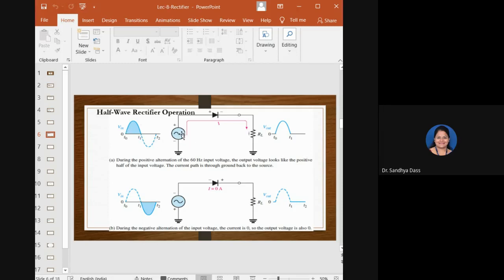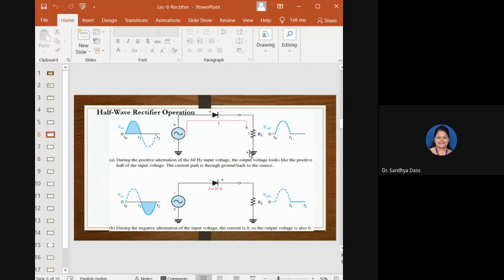Whenever the sinusoidal input V in goes positive, the diode will be forward biased. When the diode is forward biased, it allows the current to pass through and acts as a short circuit.